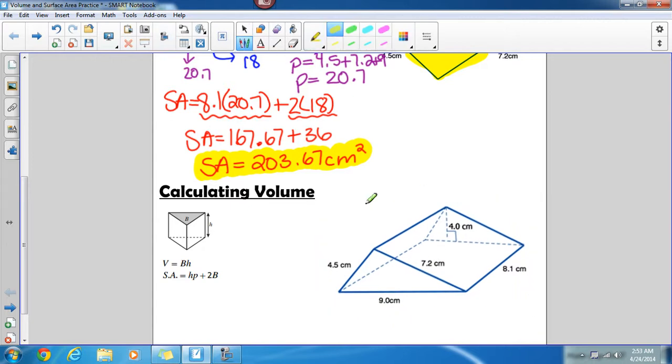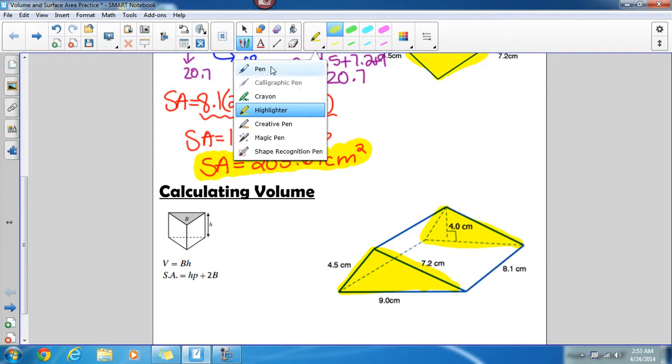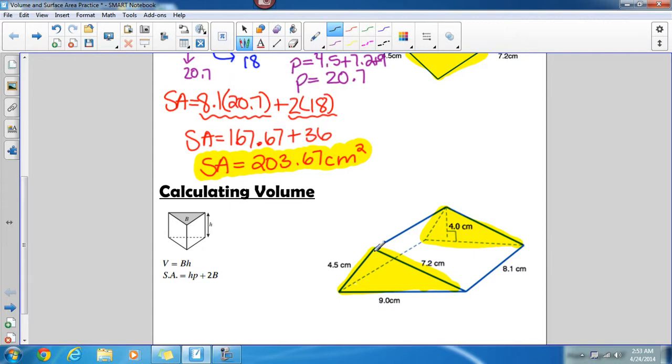So we're still seeing that this here is our base. And this is our base. So we have our two triangles for our bases, rather. We should still see that this triangle is the same as the one in back, and it has a height of 4 centimeters.